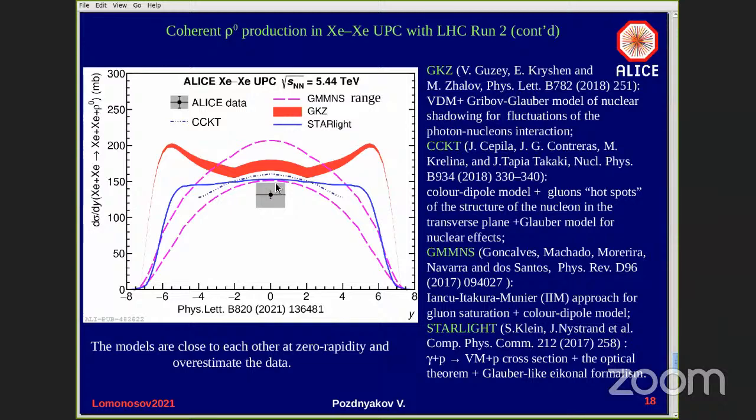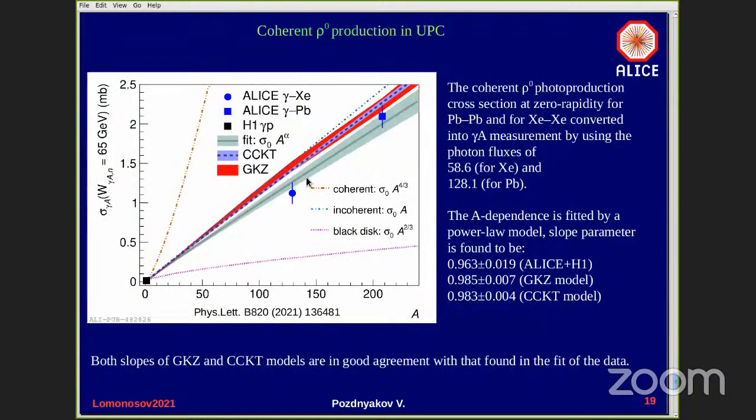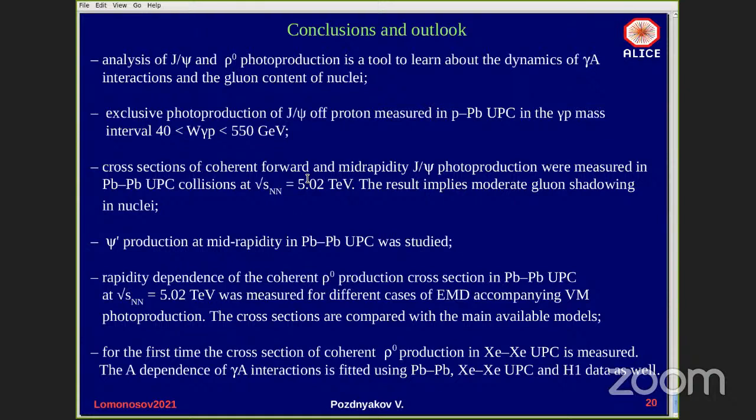What we see is that here we have some problems. I mean that our measurement is a bit lower than the calculation. So at this point I will omit because of the time.